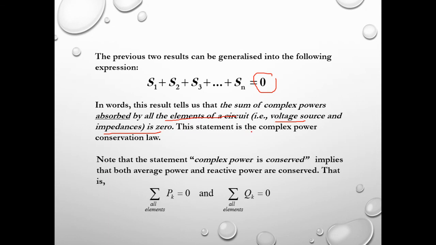This statement is the complex power conservation law. Note that the statement that complex power is conserved implies that both average power and reactive power are conserved. That is, over all elements, the sum of Pk equals 0, and the sum of Qk is also 0.